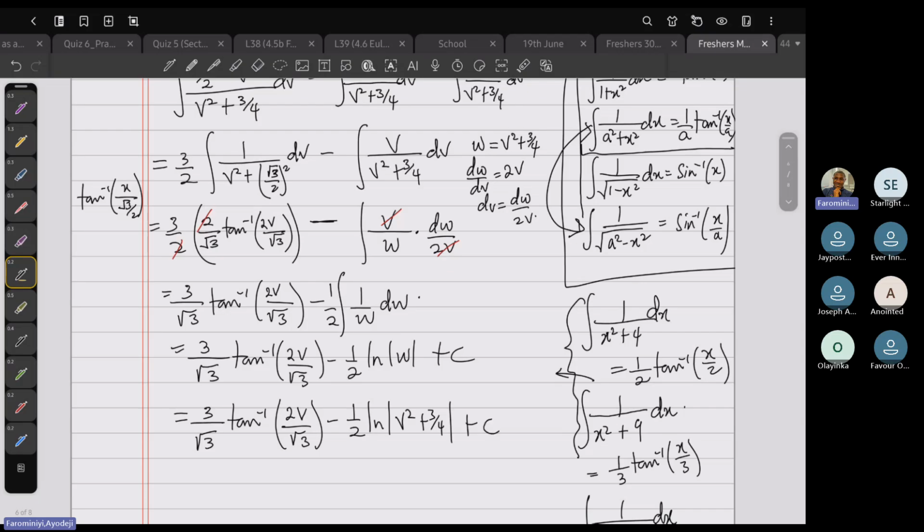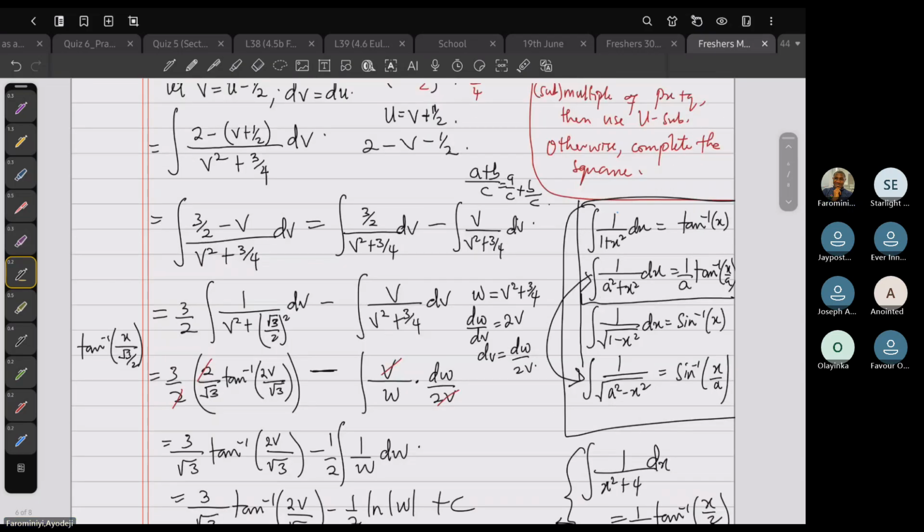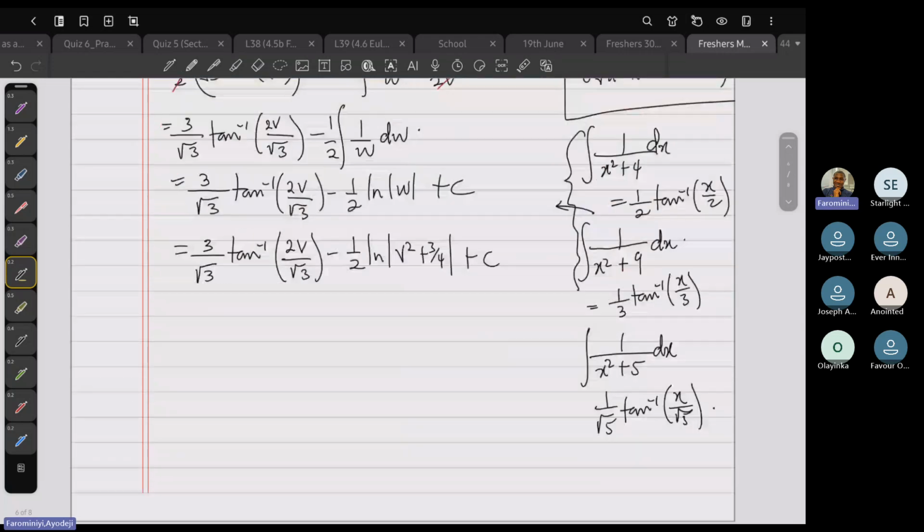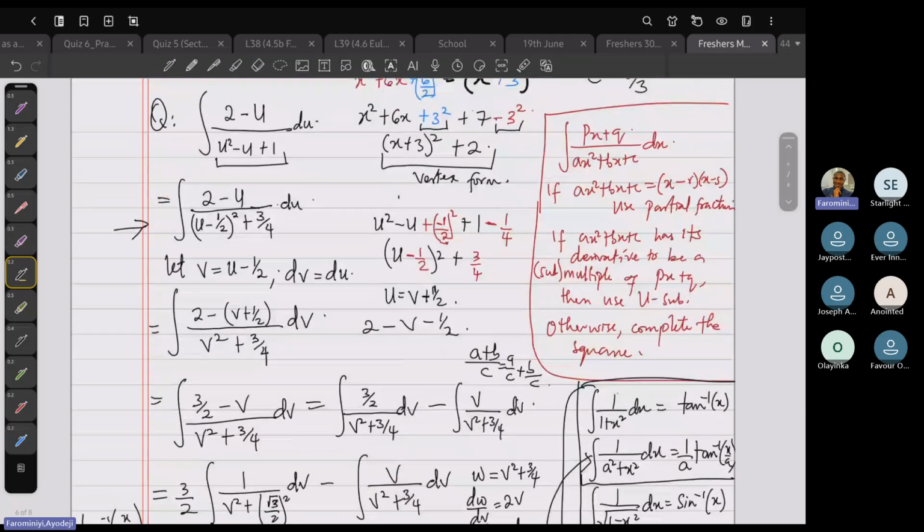So we have gone from W to V. We need to go back from V to what gave us V? V to U. So that is 2 over 3 tan inverse of, what is U? V is U minus 1 over 2.